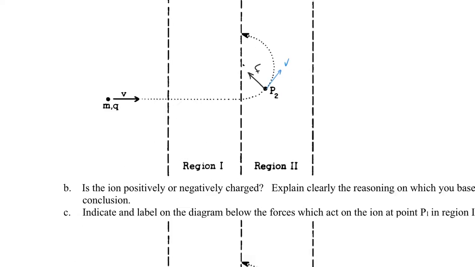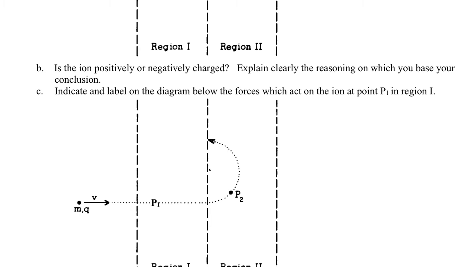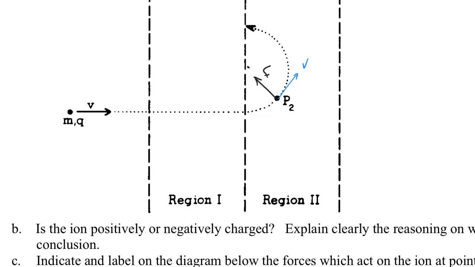Because the next question is, is the ion positively or negatively charged? So now it is a right-hand rule question. You see what I mean now? So we don't want to be thrown. We don't know the charge, so I'm going to put my pointer finger in the direction of the velocity because I know the velocity. But instead of trying to align my middle finger, I'm going to consider putting my thumb in the direction of the force and see which direction my middle finger lines up.